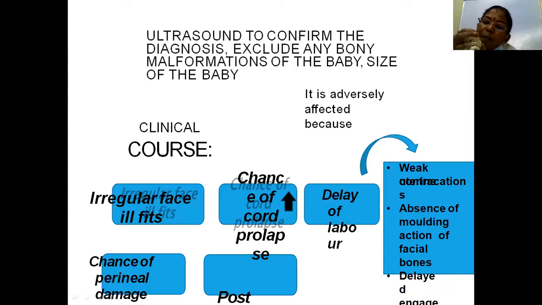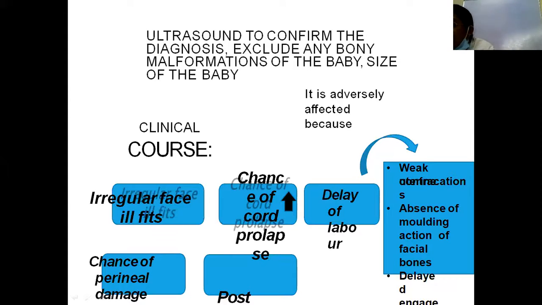The face is the part in between: the chin, and above it the supraorbital region and the glabella. So it is an irregular face. It won't fit well into the pelvis, and as it is not a well-fitting part, there can be chances of cord prolapse.